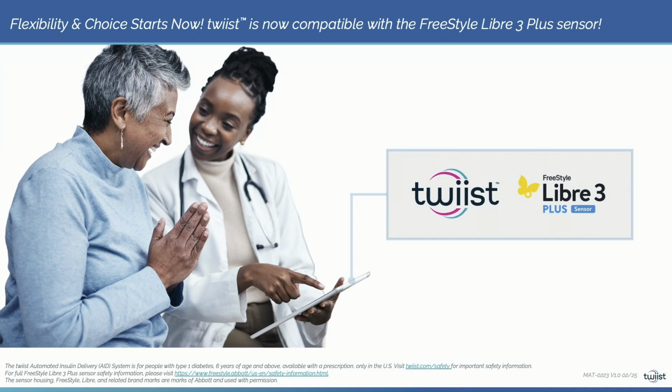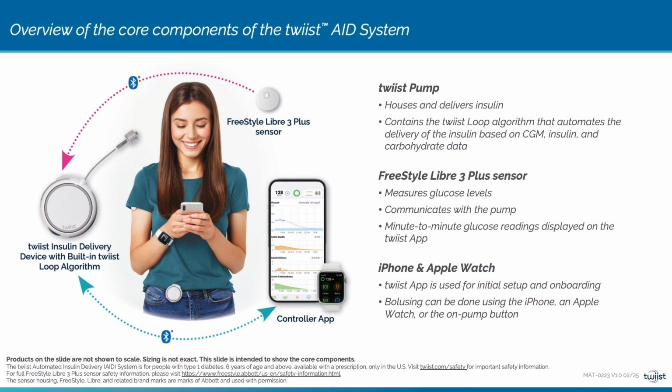We're partnering with their Libre Freestyle 3 Plus sensor, and so that will be our initial CGM that we use in the system. We're continuing to look to partner with all the major CGM players out there, as we do believe in patient choice, and so we'll be continuing to expand our partnerships over time.